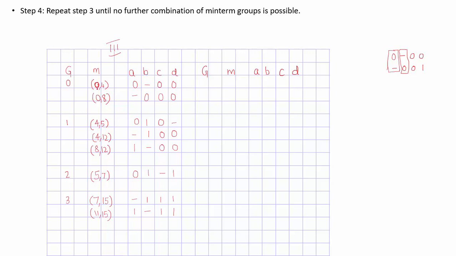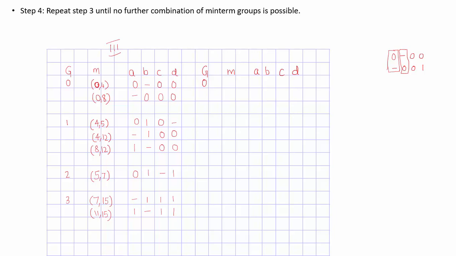Next you will compare 0, 4 with 8, 12. B is dash here and B is dash here. CD is 0, 0 and CD is 0, 0 in both 0, 4 and 8, 12. Only A is getting changed from 0 to 1.